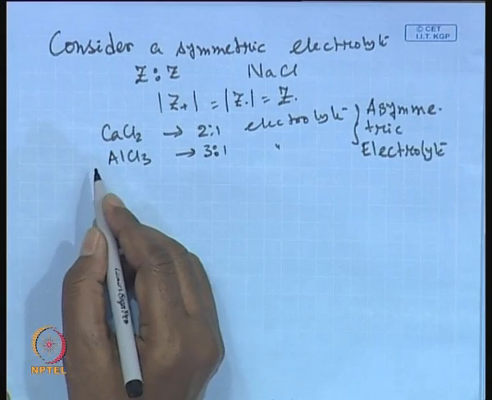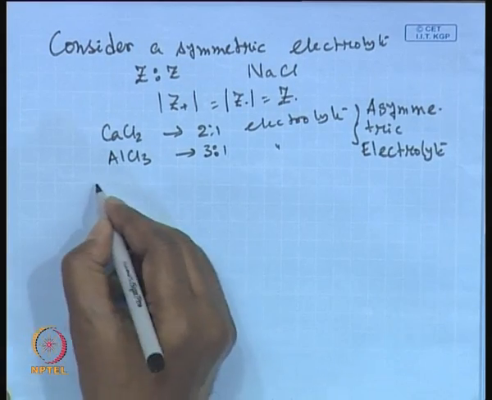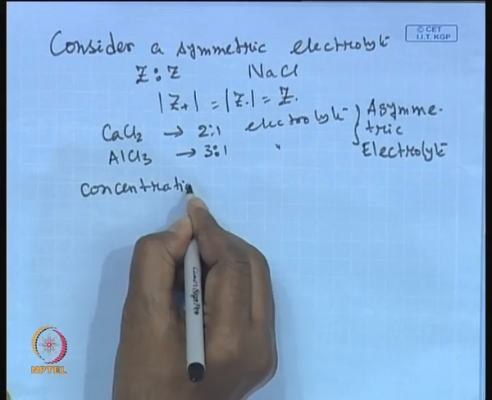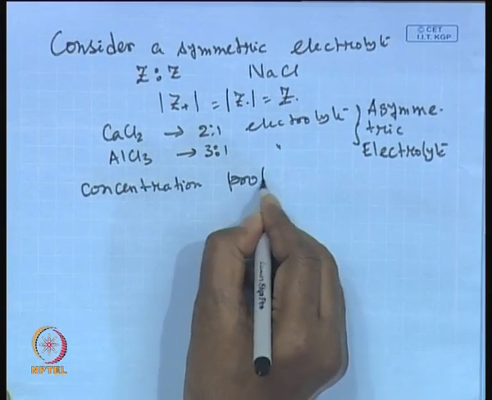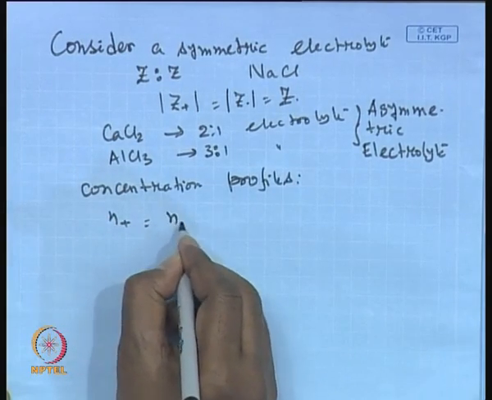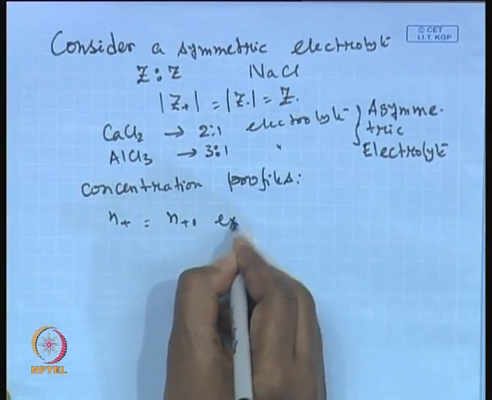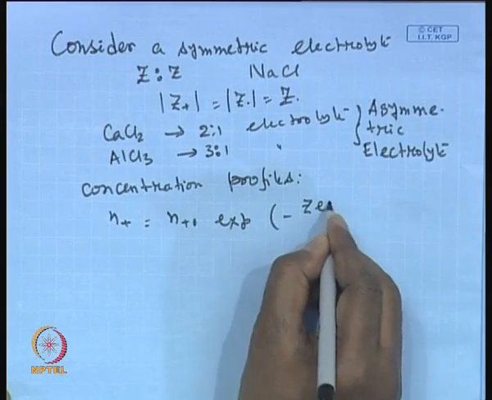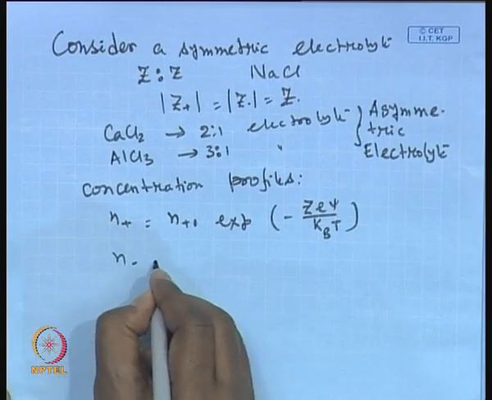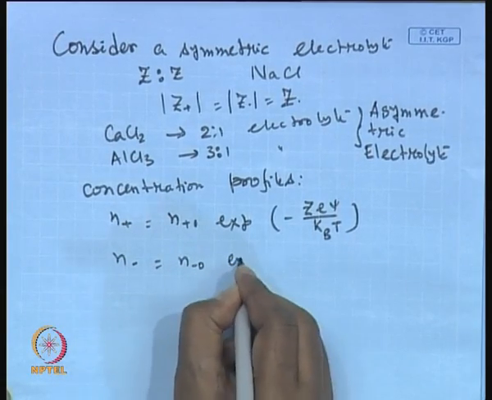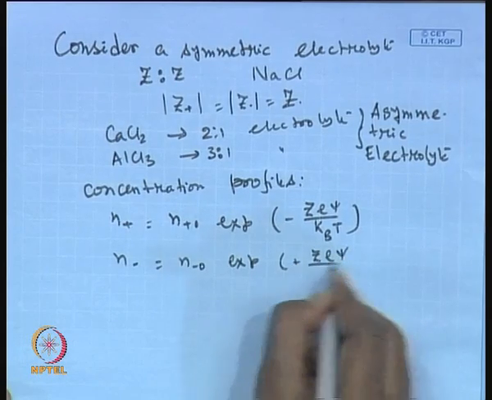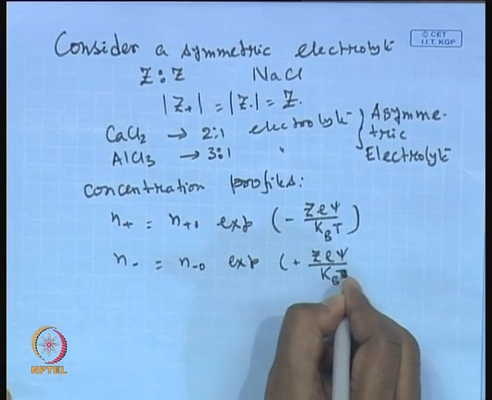So, for a Z is to Z electrolyte, you have the concentration profile of counterions and co-ions. N plus is n plus 0 exponential minus Z e psi over kBT, and n minus is n minus 0 exponential plus Z e psi over kBT.